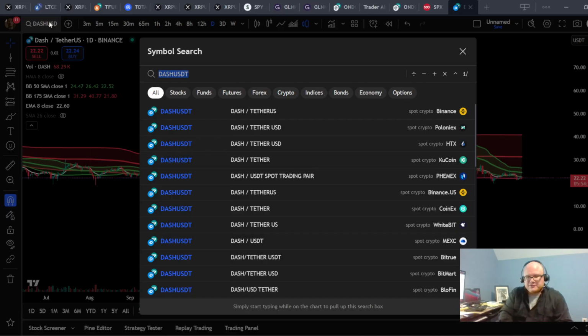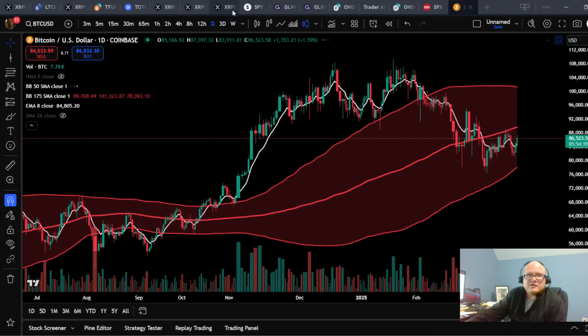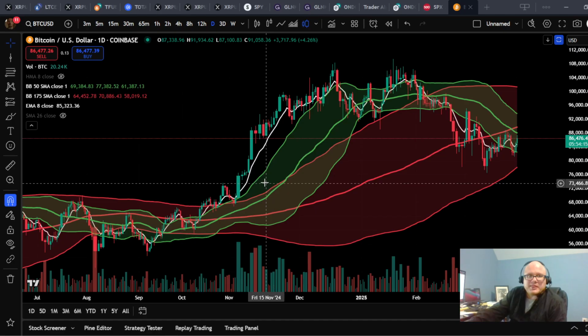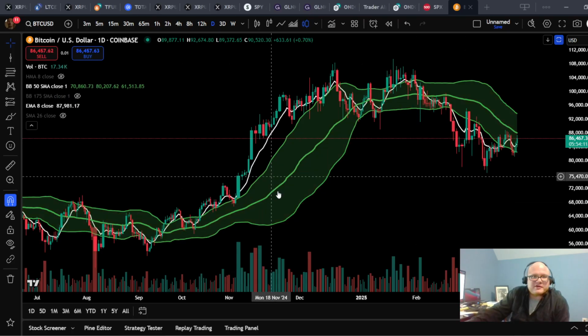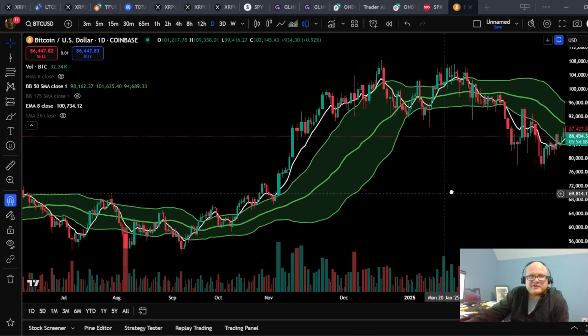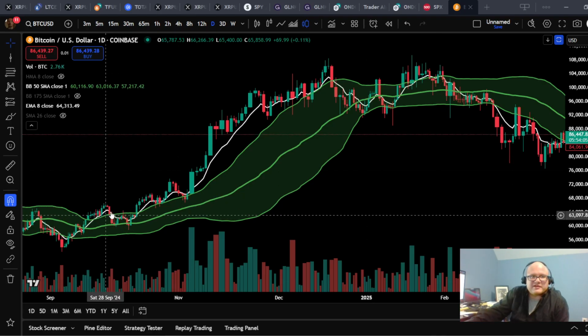If we go back to Bitcoin, there we go. With just the 50 period moving average, if we turn off the 175 period moving average, we can also see slight entry and exit.